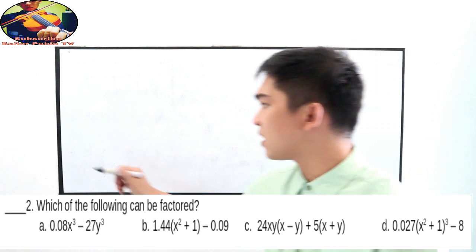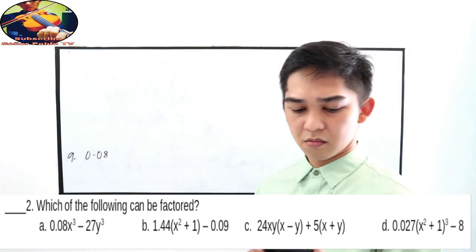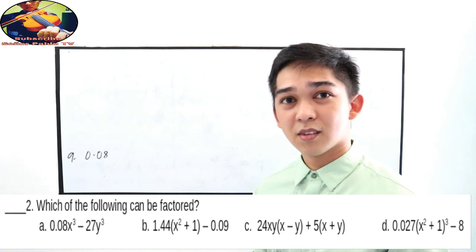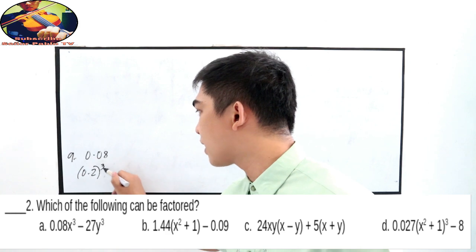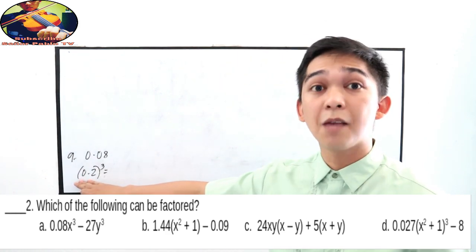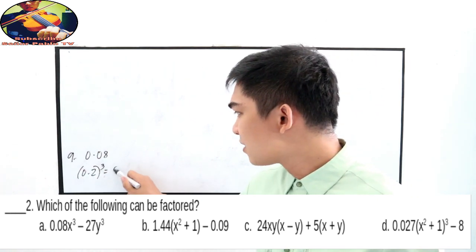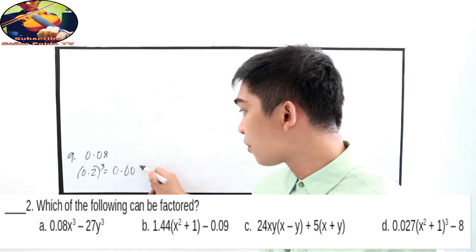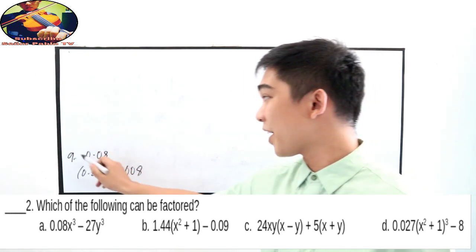Pero check natin si 0.08. Perfect cube ba yan? Ang alam natin ay 0.2 cube para maging perfect cube siya. And that is 0.2 times 0.2 times 0.2. And that is 0.008. Yan, kulang siya ng 0. So letter A, mali na siya.